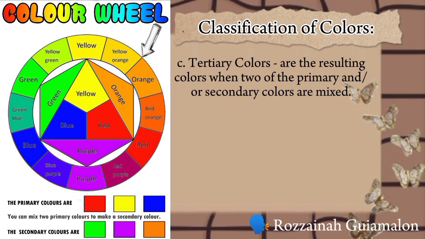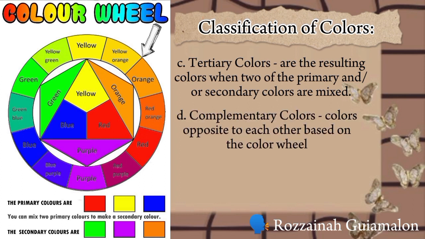Halimbawa, kapag pinaghalo natin ang red at secondary color na orange, magiging red-orange ito. Kapag pinaghalo naman natin ang yellow at green, magkakaroon tayo ng color yellow-green. Blue plus green, meron tayong blue-green. Blue plus violet, meron tayong blue-violet. At red plus violet, magkakaroon tayo ng kulay red-violet. So, sila-sila yung mga tertiary colors.